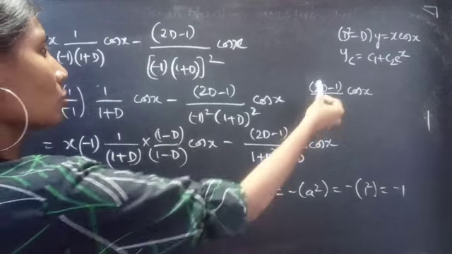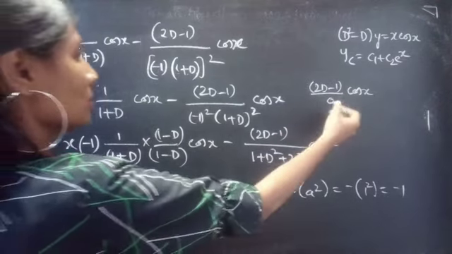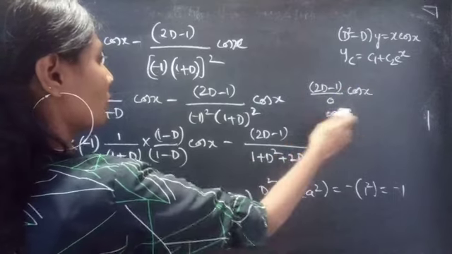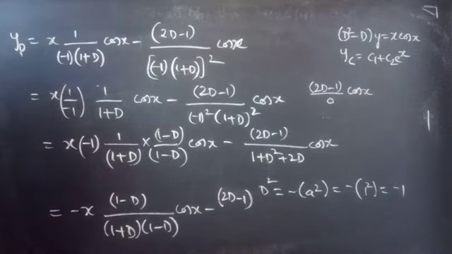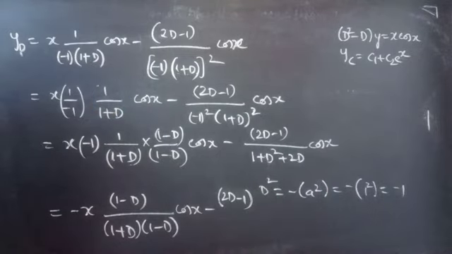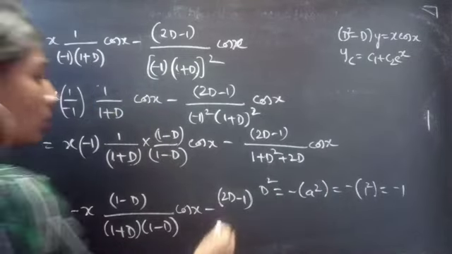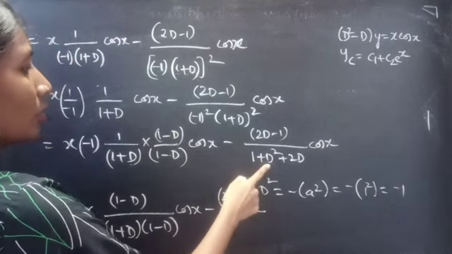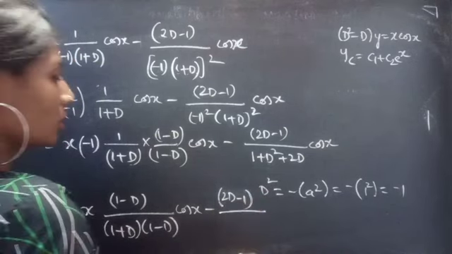This term becomes 2d minus 1 by 0 into cos x. Since anything by 0 is undefined, the total term becomes undefined. So always remember that the denominator must be non-zero. But in our case, by replacing d square, we'll get a non-zero term in the denominator.